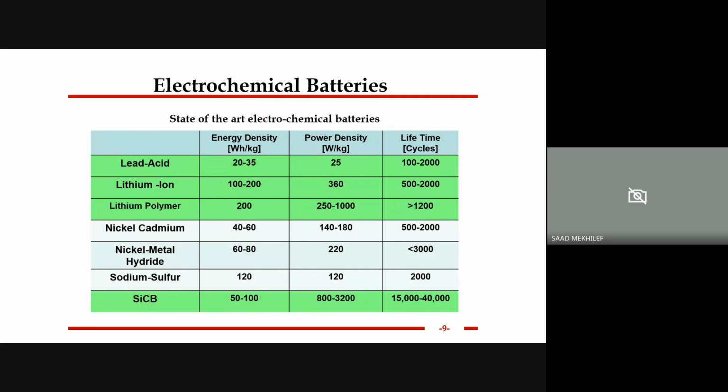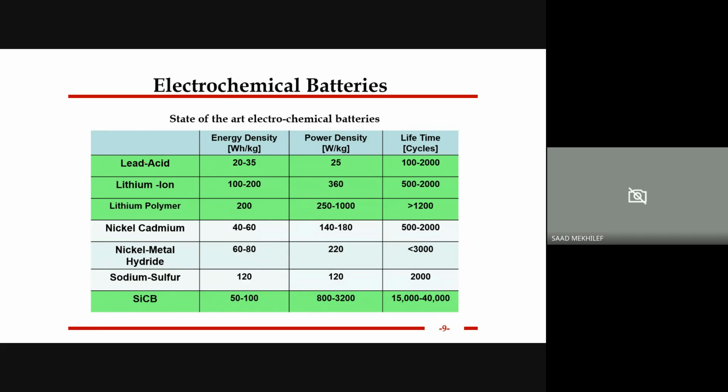Even within the electrochemical batteries, we have a wide range of selections, and the selection depends on the energy density, power density, and the lifetime or number of cycles.